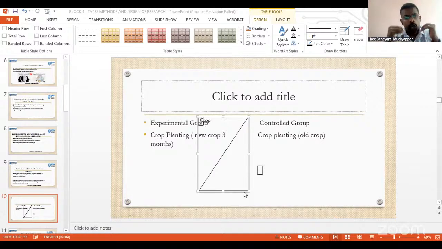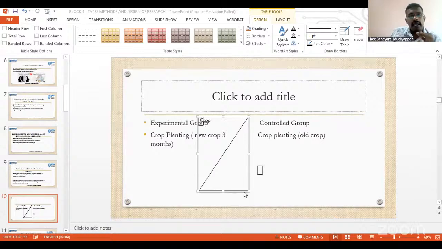In order to maximize control over the variable of the fertility of the land, he divides the land a lot. If, for example, it has been divided into 8 pieces, then 4 pieces are new crop and 4 pieces old crop, instead of 1 piece each. That increases the authenticity that the new crop is giving the yield within 3 months, because we have controlled the extraneous variable called fertility of the land.